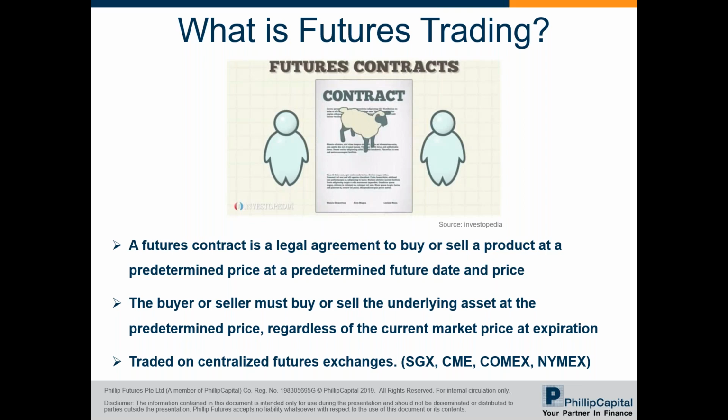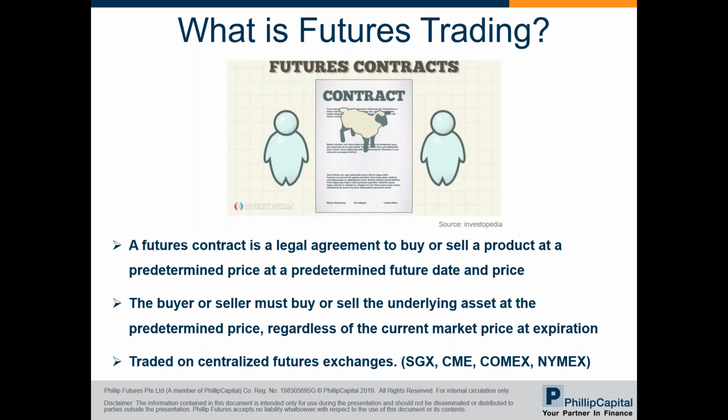So actually just a little bit on the background history, it was used in the past for companies to hedge against prices of their raw materials or products they sell, or to protect themselves from adverse price movements. But since then, they have actually opened up the futures market to even retail investors for speculation.